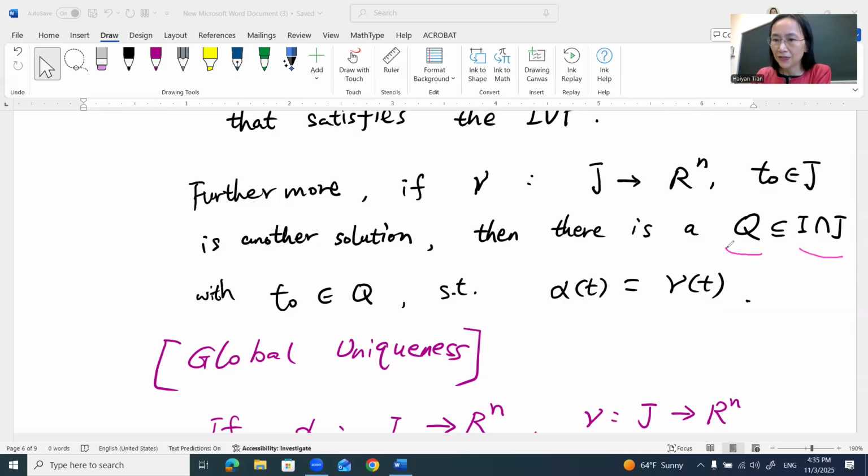And also we can find another subset Q. No matter how small it is, there exists such a Q.